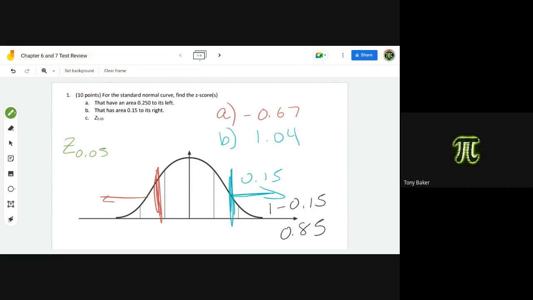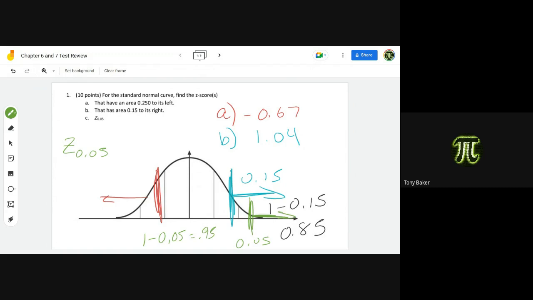It's to the right. So this is basically the exact same thing as we just did with B. We're looking for this way, and it's 0.05. So we're going to do the same thing we just did. We're going to subtract from 1. So 1 minus that gives me 0.95 is what I'm looking for on my table.